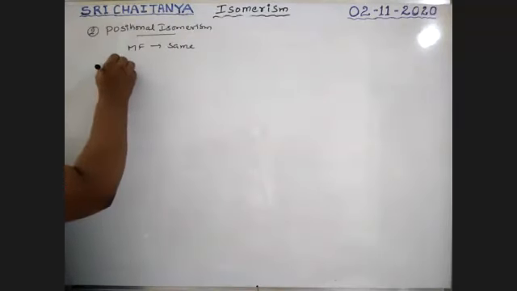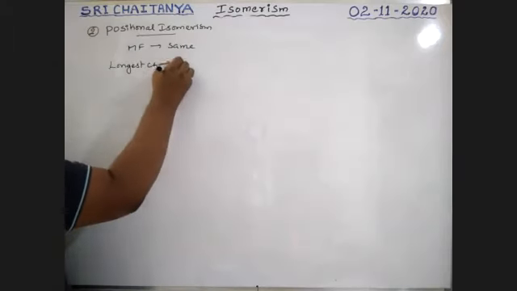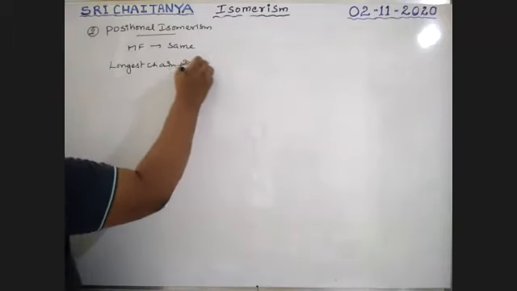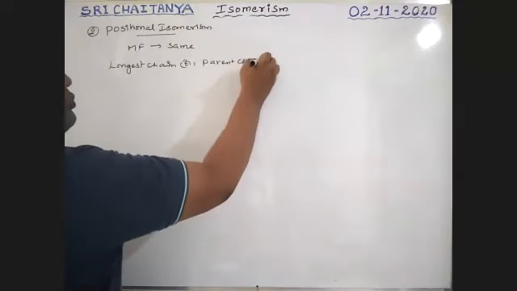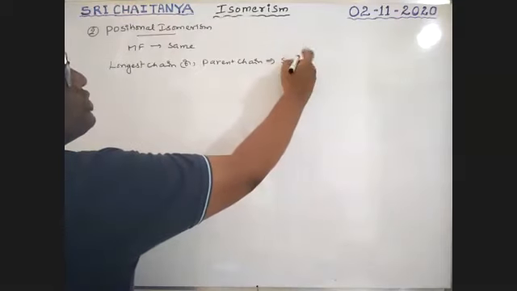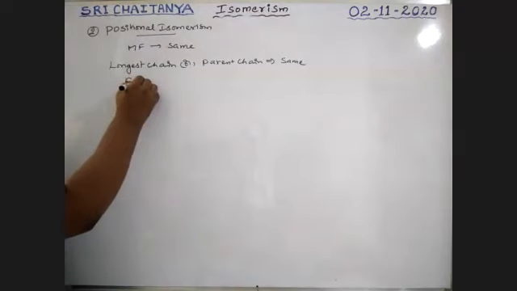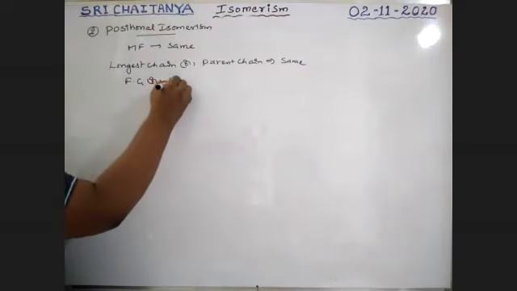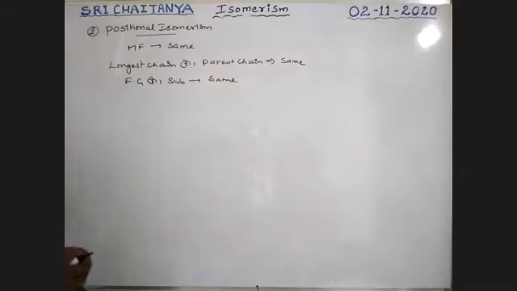Next, longest chain or parent chain also same. Functional group or substituent also same. So if it contains a functional group or substituent, whatever it may be, that is also the same.